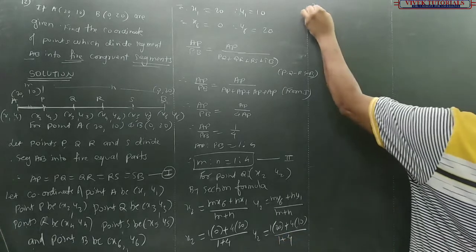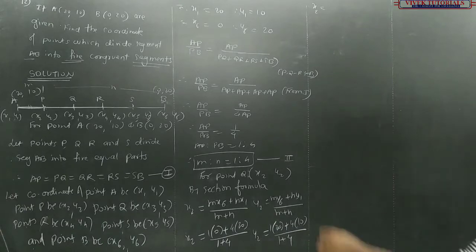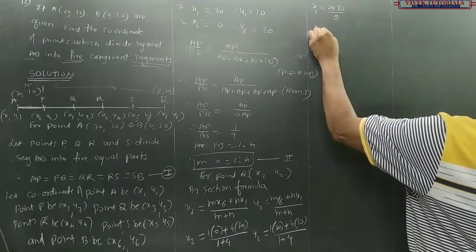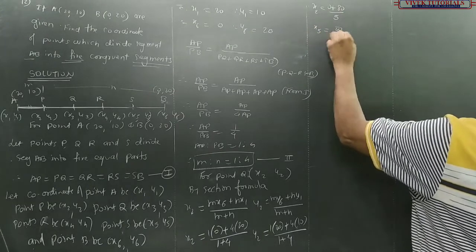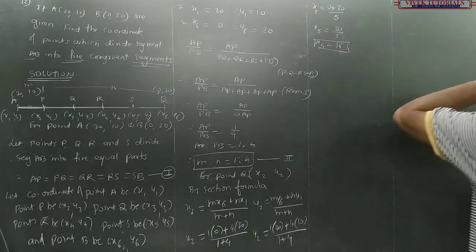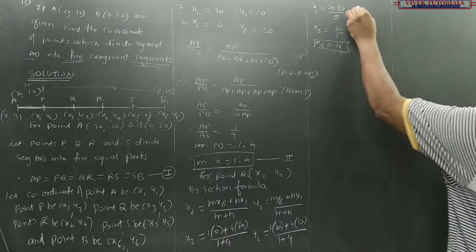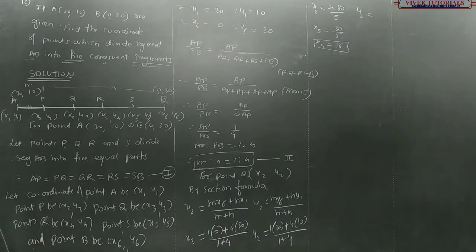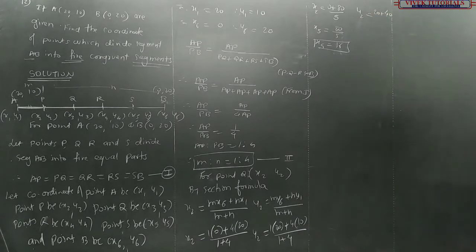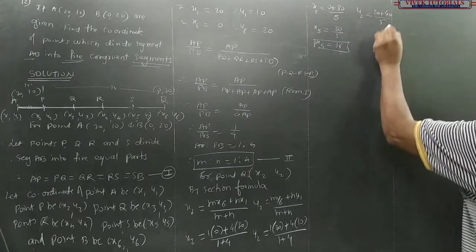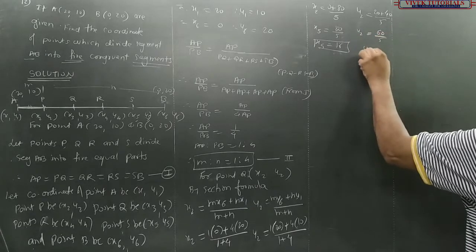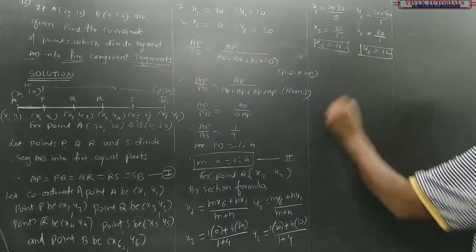So what you are getting is x2 is equal to 0 plus 80 upon 5, so x2 is equal to 80 upon 5, x2 is equal to 16. And y2 is equal to 20 plus 40 upon 5, so y2 is equal to 60 upon 5, y2 is equal to 12.